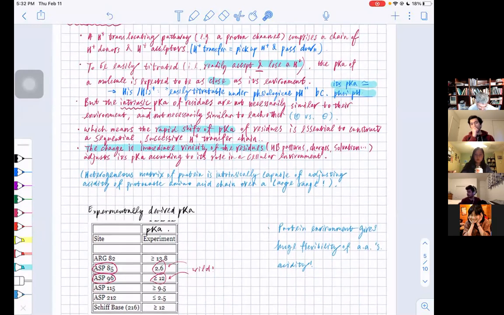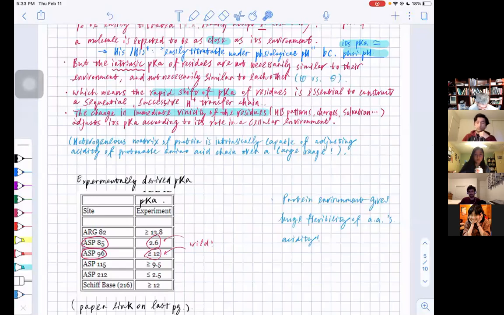But within that chain of residues, the intrinsic pKa of each residue is not necessarily similar to the others or to its environment. So we can infer that the rapid shift of pKa of the residues is essential to construct a sequential proton transfer event.